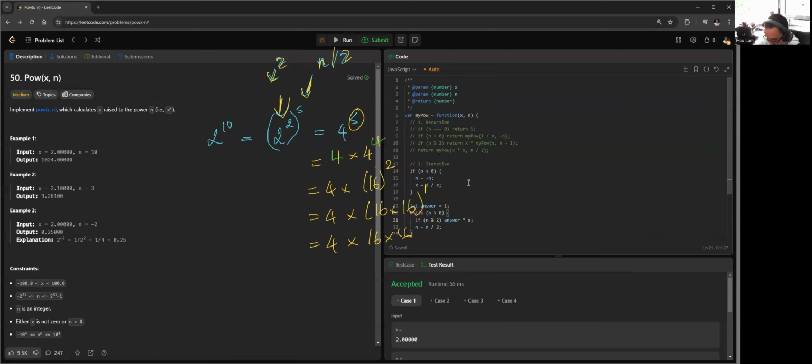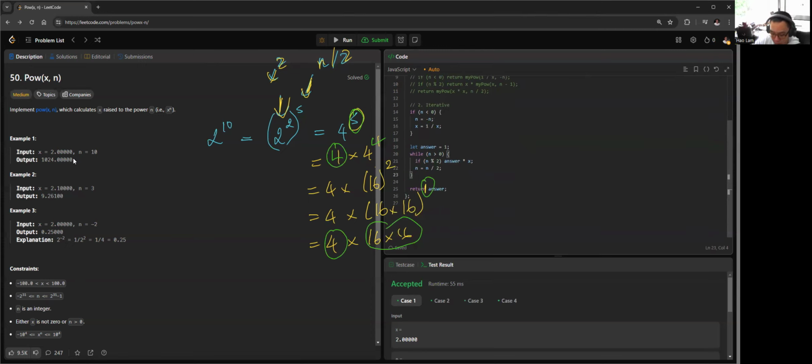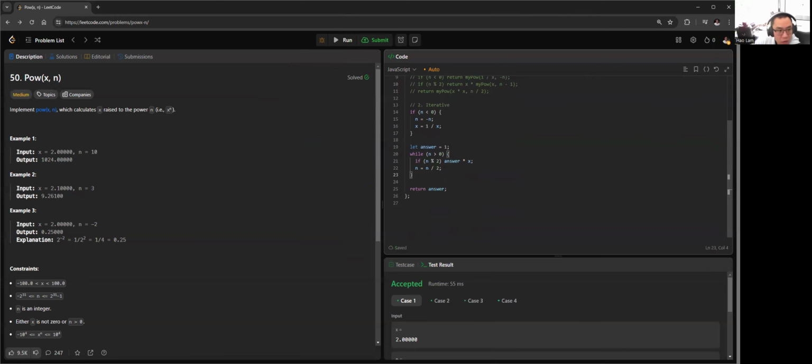The first time we multiply would be 4, the next time would be 16 multiplied by 16, but that is only when we have an odd power.